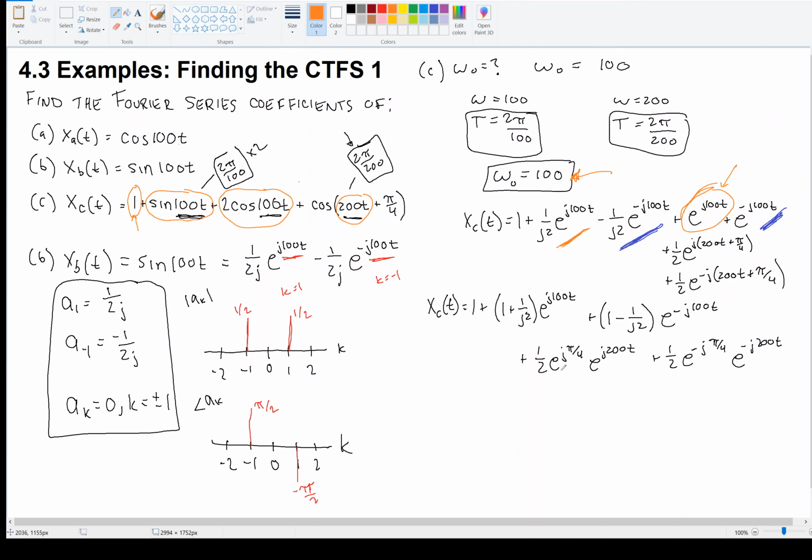Now, e to the j pi over 4, if you find this in the complex plane, is the square root of 2 over 2 comma square root of 2 over 2. So this thing here is square root of 2 over 4 because of the 1/2 plus the square root of 2 over 4j.